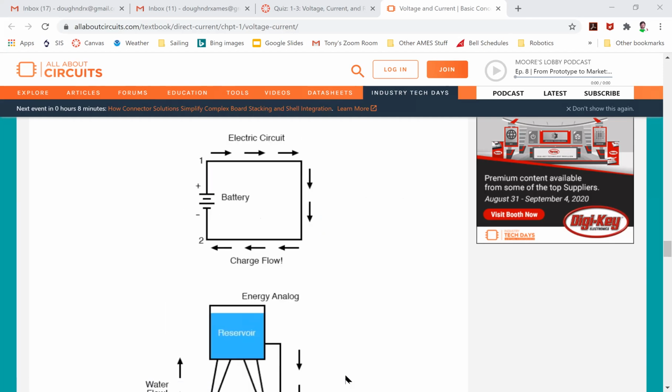What I can do for water, I can also do for electricity. I can pick some point right here, and I could, in theory, count how many electrons per second are flowing through there. But that's going to be kind of hard to count. So what I need is kind of like a bucket of electrons. Well, that's where the Coulomb comes in. A Coulomb of electrons is kind of like a gallon of water.